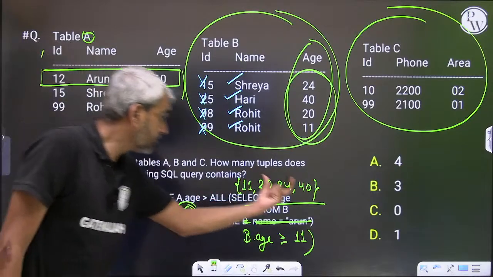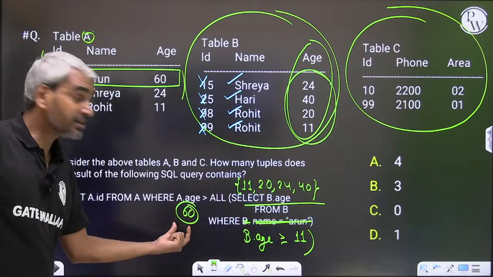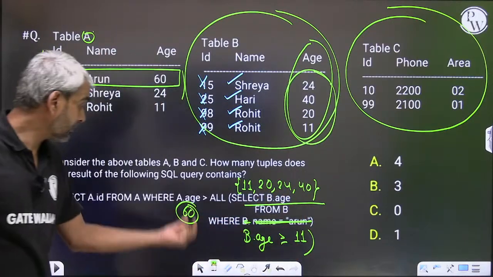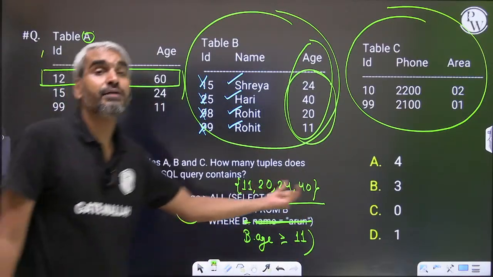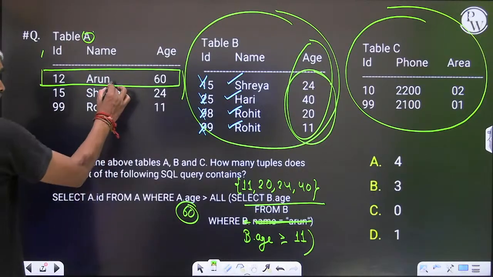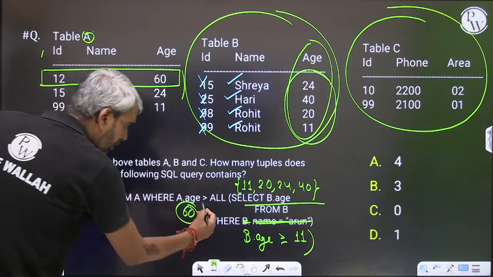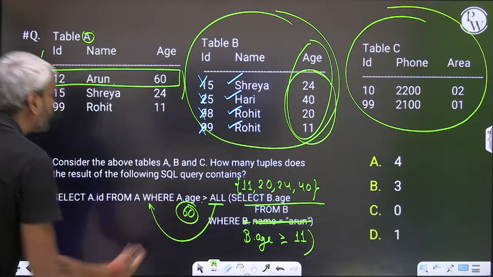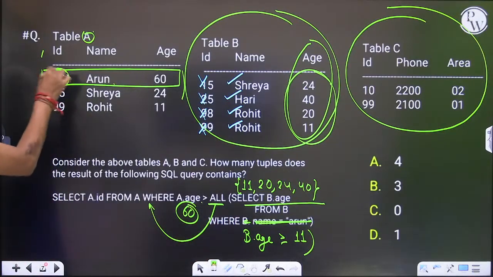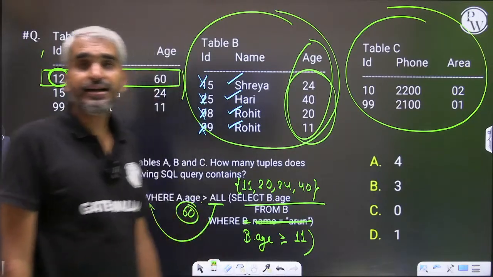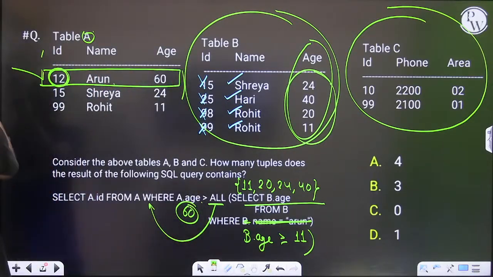So if age is 60 and here the ages are 11, 20, 24 and 40, then 60 is greater than all of them. Therefore, for the first tuple, this ALL will return true. That means for the first tuple, the where condition will be true. Therefore, the ID 12 will get selected.